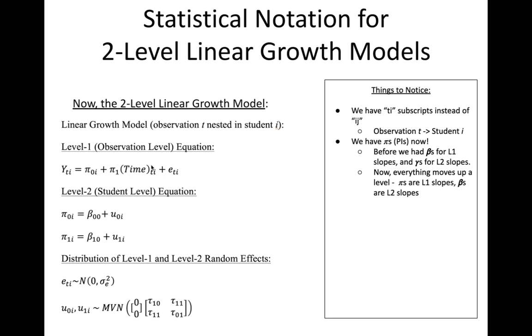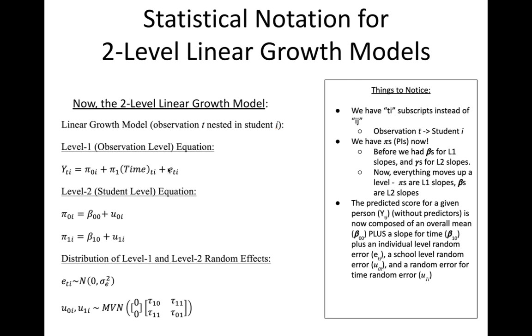The pi's are our level 1 slopes, and the betas are our level 2 slopes. Basically, a score for a given student I at time t is a function of some starting point, which is pi 0I, plus some growth parameter times time. In this case, this would be a linear growth model. So for each increment of time, we're seeing change according to this pattern.